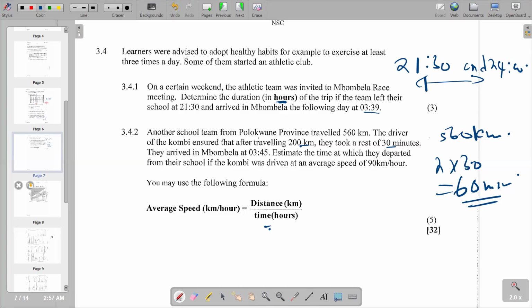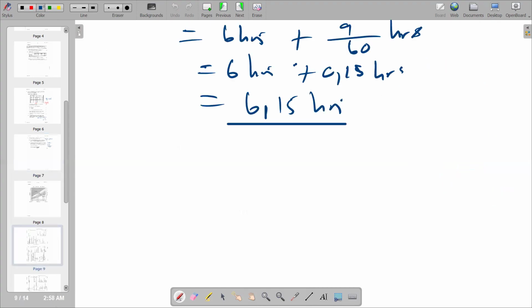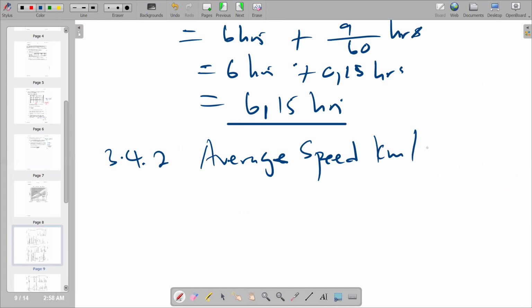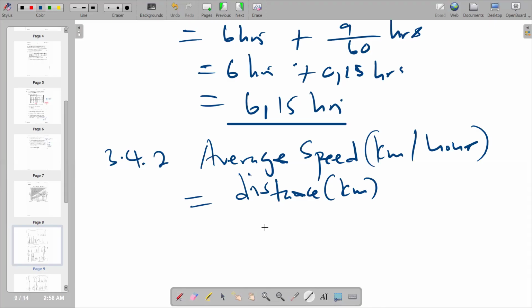So for the other section, according to the information that we are given, we're going to say average speed, that is kilometers per hour, is equal to distance in kilometers over time.